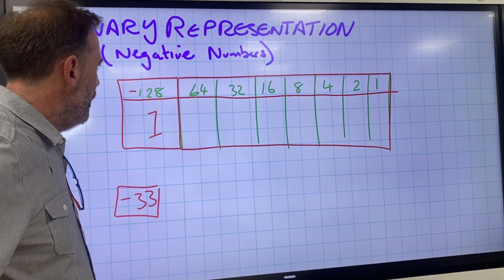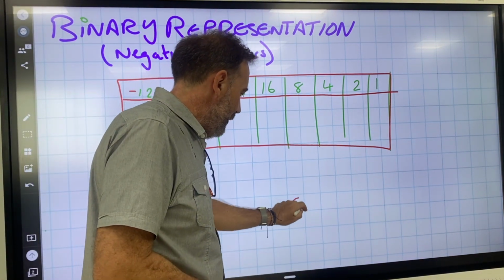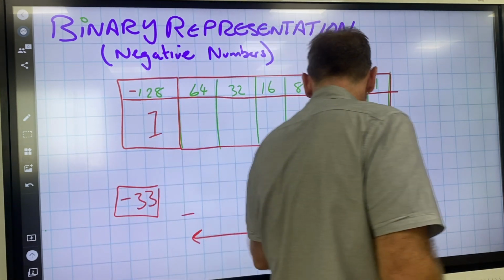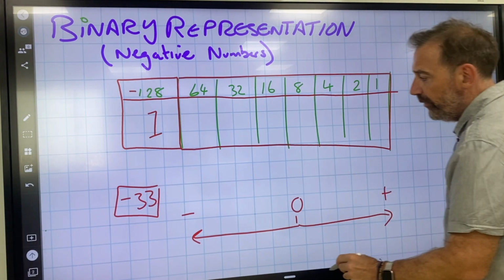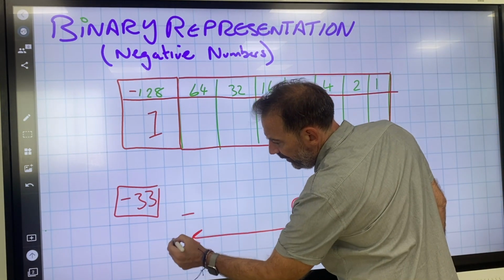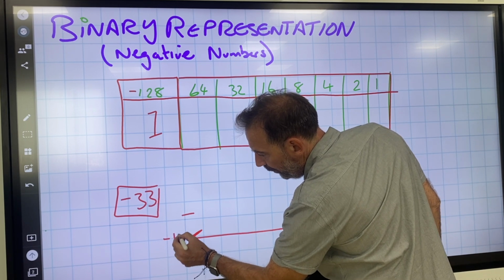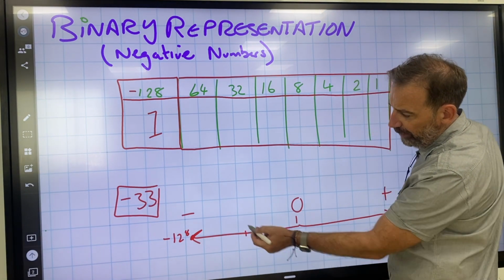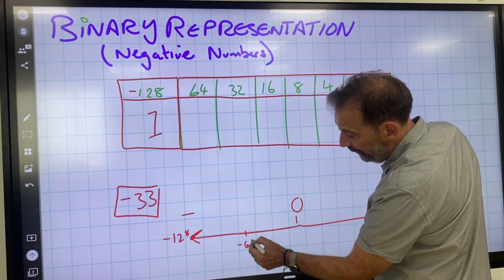So thinking about the negative and positive number line, negatives, positives, we're going to still be somewhere, if this end point is negative 128, halfway between that and that is negative 64.